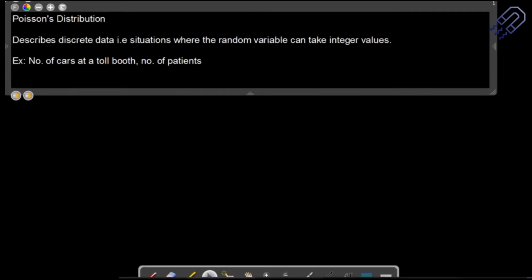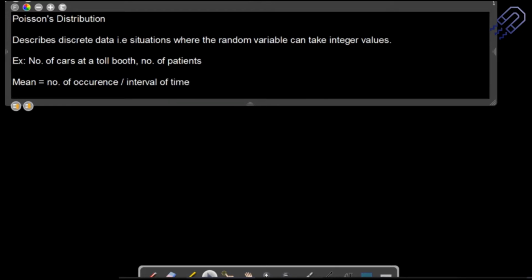Just as in binomial distribution we have mean as np and standard deviation as root of npq, we similarly have a mean here. It means the number of occurrences in some interval of time. And the standard deviation is nothing but the root of the mean.